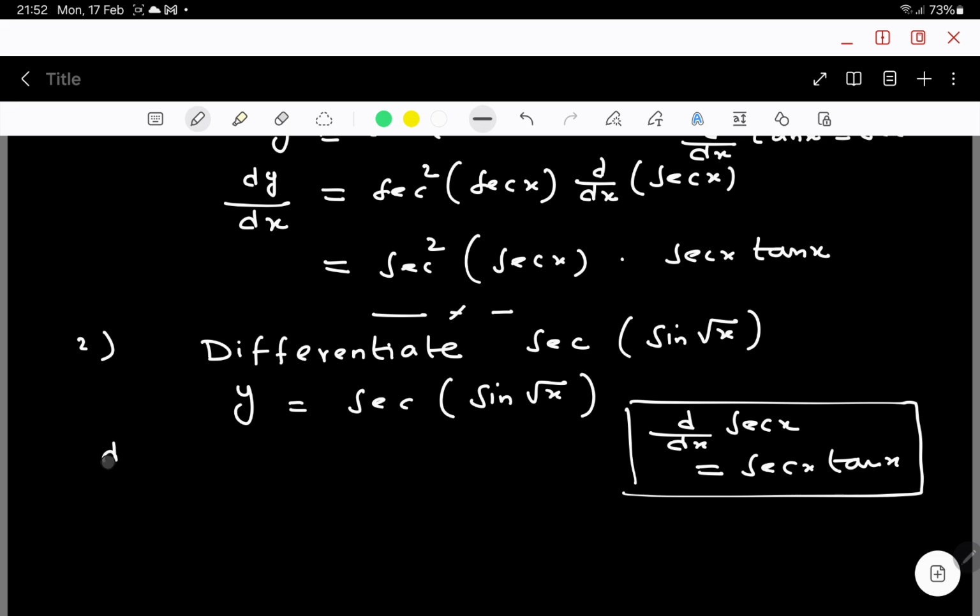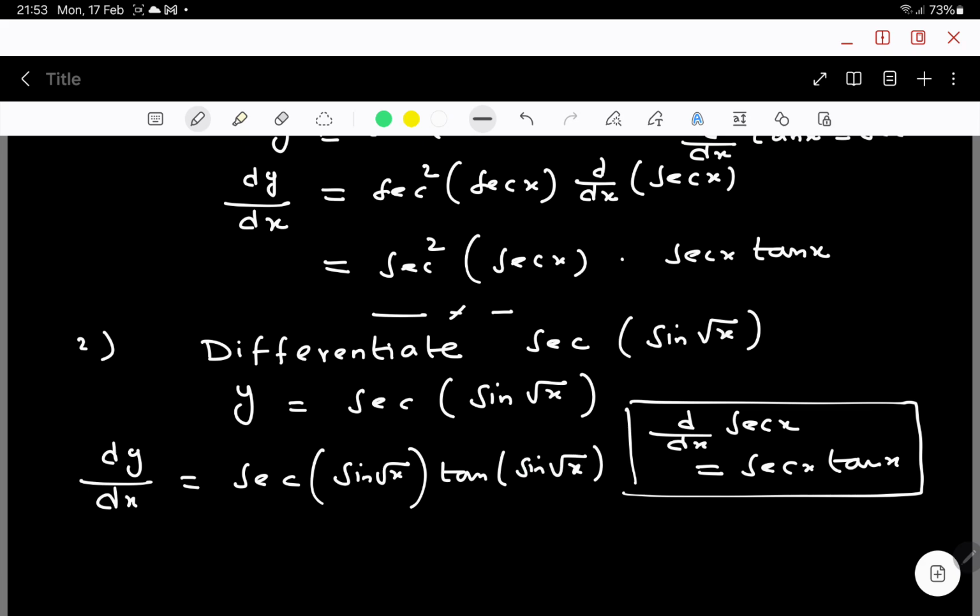So dy by dx equal to secant of sine root x. Don't disturb sine root x inside the bracket. Again write tan, d by dx of secant x tan x. Similarly, secant of sine root x tan of sine root x.